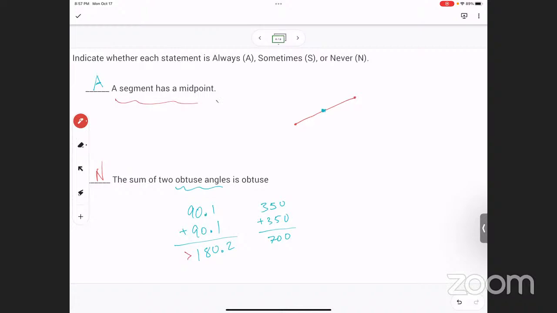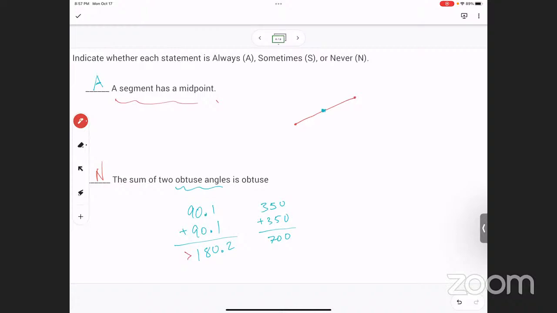The segment is midpoint. Yeah. And what was the answer? I put sometimes. Yeah, but I don't know. Yeah, it should be always. Okay. Because, and again, it's kind of hard because you have to know the definition. So with these logic statements, you really have to be keen on the definitions of what we're dealing with in order to answer them.